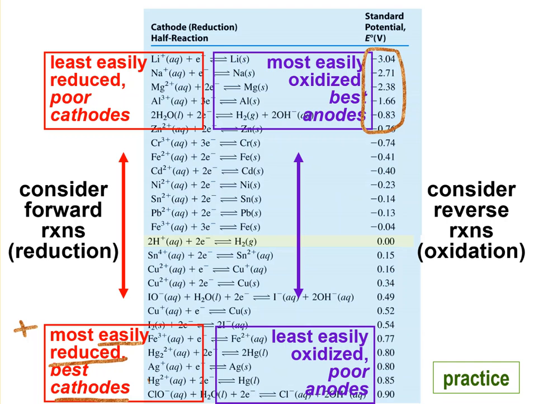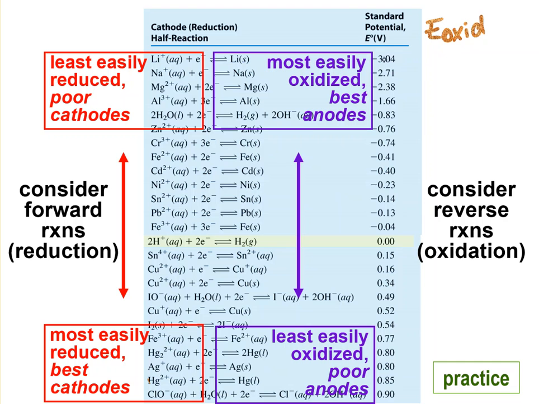Okay. So if that's true, just sorting that out for the forward reactions, I know that everything is opposite for the other side. So what I'm doing over here with the purple is I'm saying, well, let's pretend like we're reversing these. And so I'm going to consider the oxidation potentials instead of reduction.